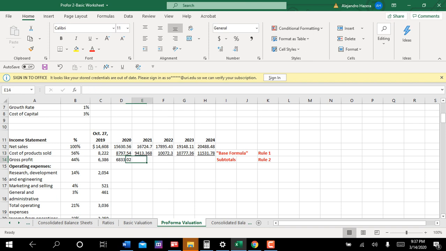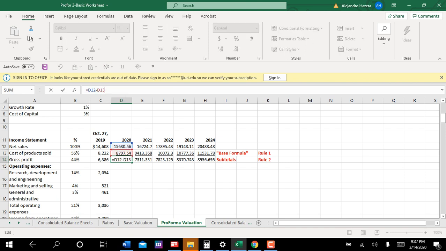Okay, but keep in mind that this is a subtotal and it was calculated as a subtotal. I'm just going to go ahead and copy the gross profits over here, and you'll notice that they're all calculated as D12 minus D13.